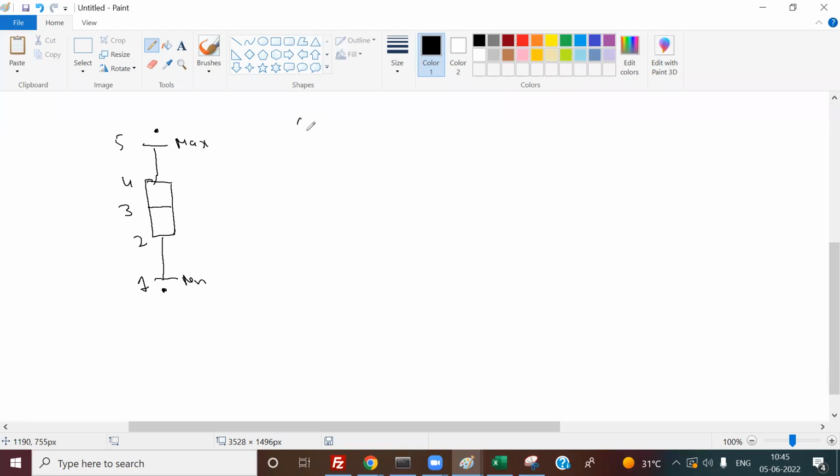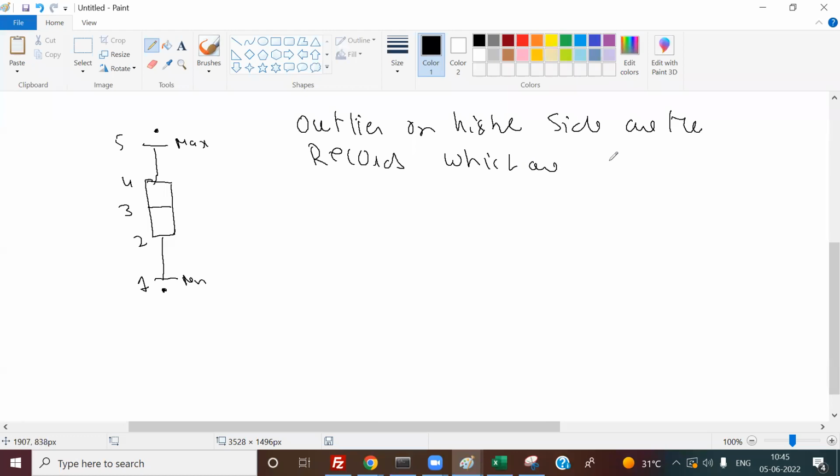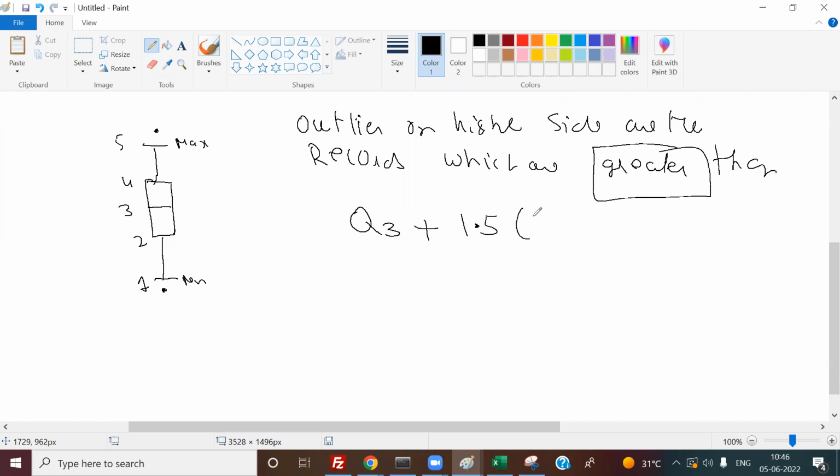So outliers on the higher side are the values, or the records or entries, which are greater than, and mark my word, I am saying greater than, Q3 plus 1.5 IQR.